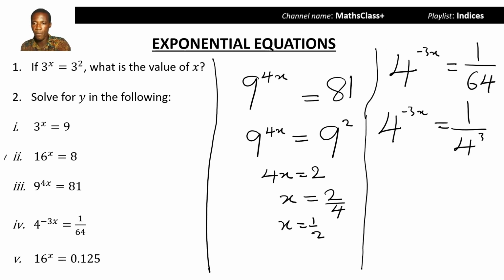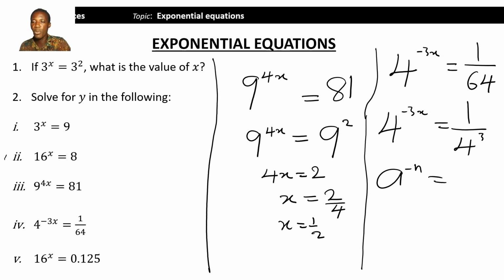And from the second law of indices, we realize that if we have a to the power negative n, then it will be 1 over a to the power n.